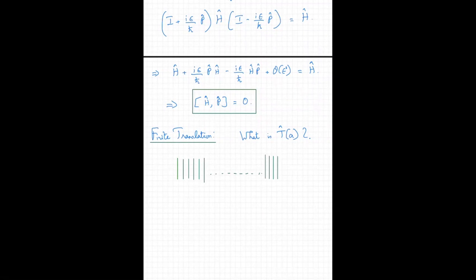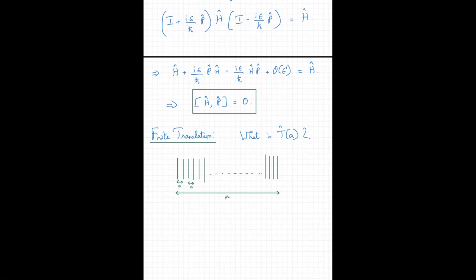Now each of these translations is by an amount epsilon. But the final translation, putting together a whole bunch of infinitesimal transformations, is A.